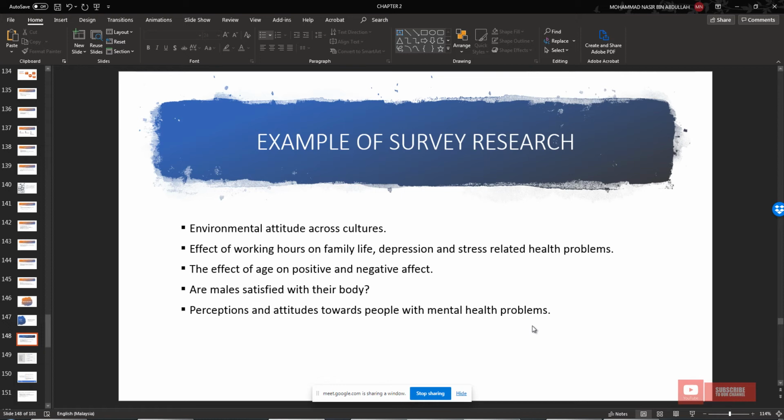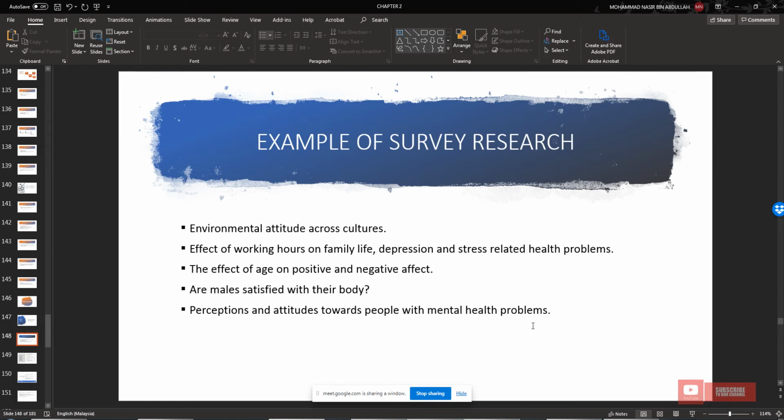Are males satisfied with their bodies? Perception and attitudes towards people with mental health problems. Right, so these are examples of survey research. All of these require a set of questions that we already designed, and then we pass them to the respondent to answer.